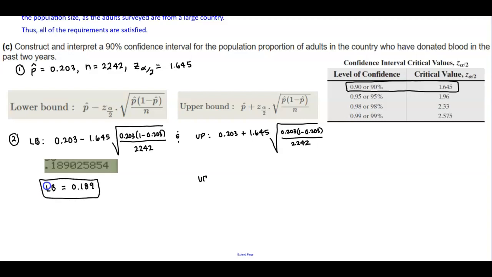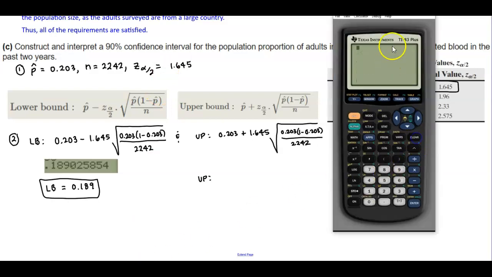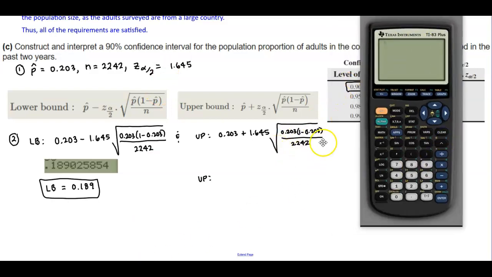Okay, similarly, we want to find the upper bound, so we're going to do the same thing. Just to save time here, we put in 0.203, multiply that by 1 minus 0.203, divide that by the sample size, 2,242, and then take the square root of that answer.